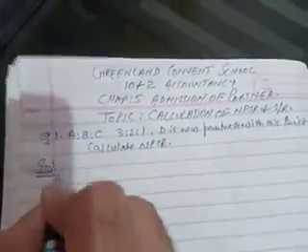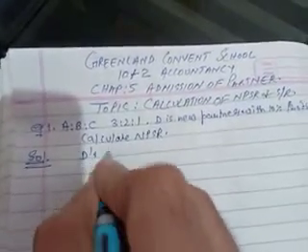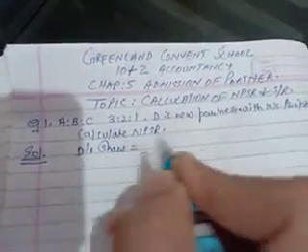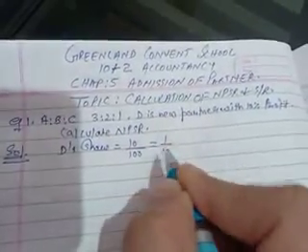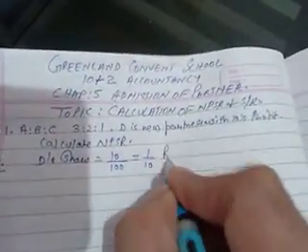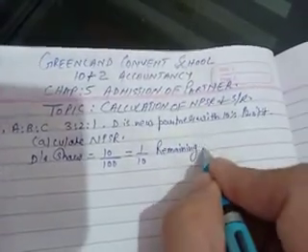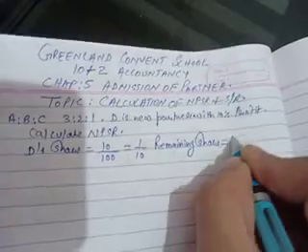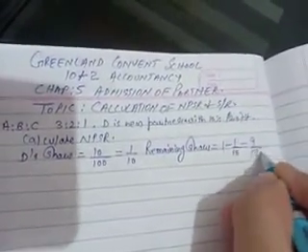Solution. So 10% here means 10 over 100. D's share is 10 over 100, which is 1 upon 10. So first of all, we'll find out the remaining share. Total share, as we all know, is always 1. So the remaining share will be 1 minus 1 by 10 equals 9 by 10.